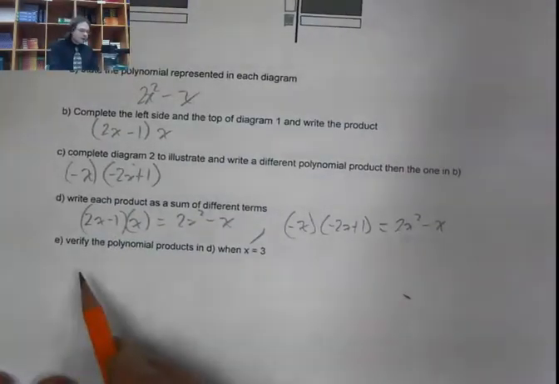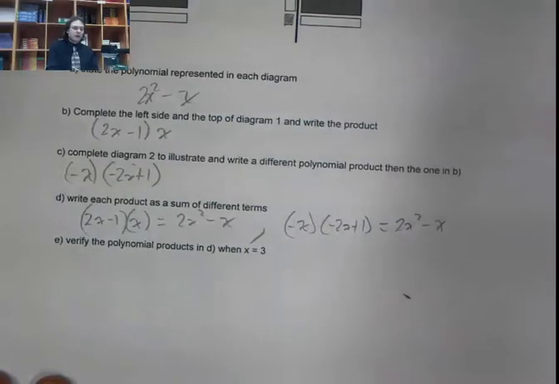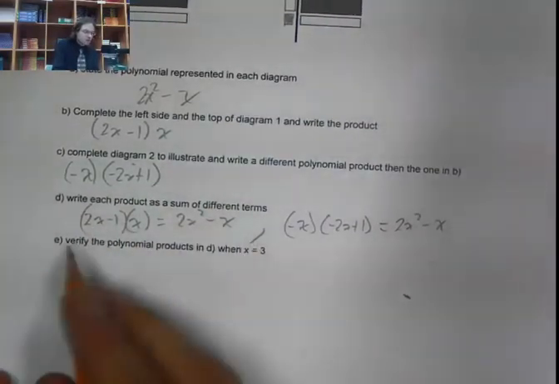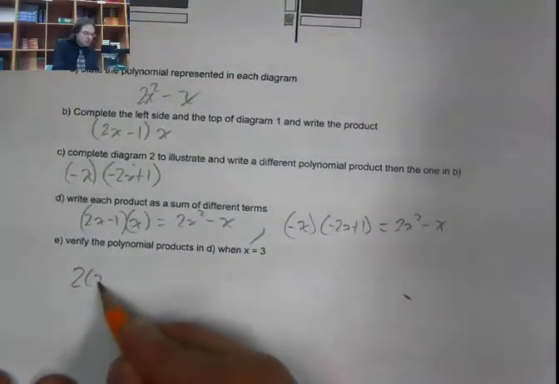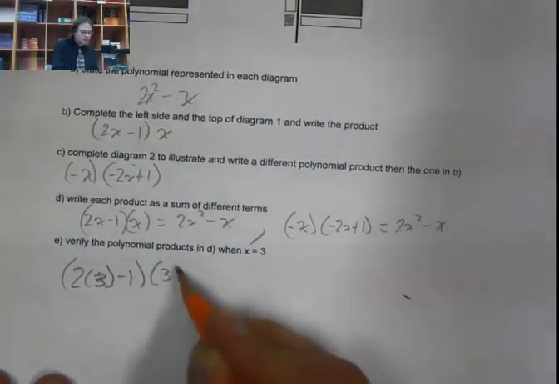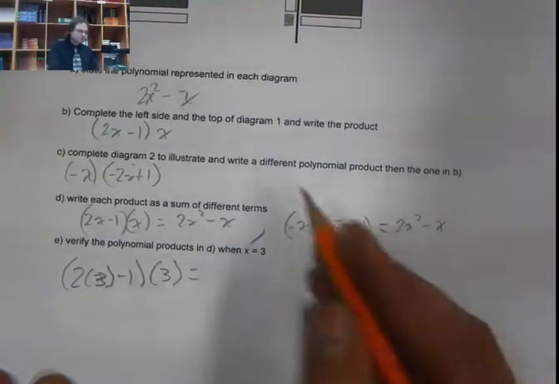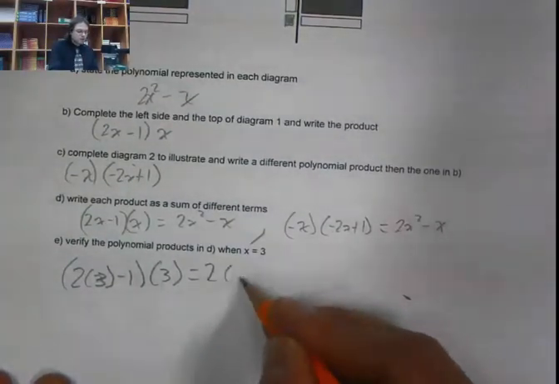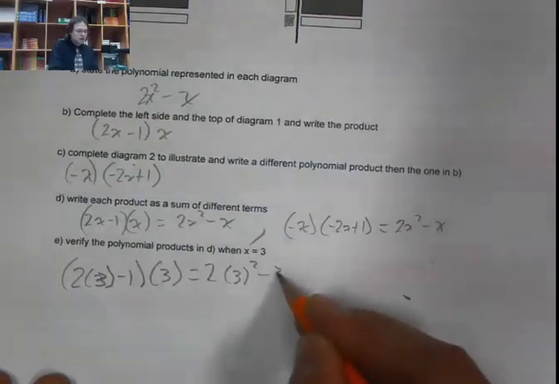So E here wants us to put in 3 for every x. So we're going to first use this equation here. I'm going to have 2, then x, which is 3, minus 1, and then I'm going to multiply that by 3 to give me 2 times 3 squared minus 3.